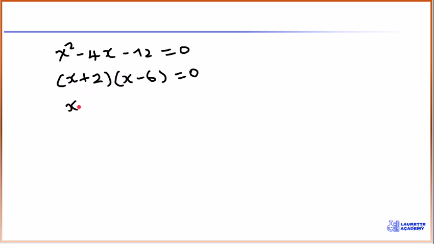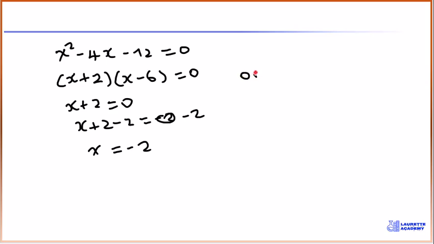So x plus 2 equals 0. Subtract 2 from both sides. It gives us x plus 2 minus 2 equals 0 minus 2, and so x equals minus 2.